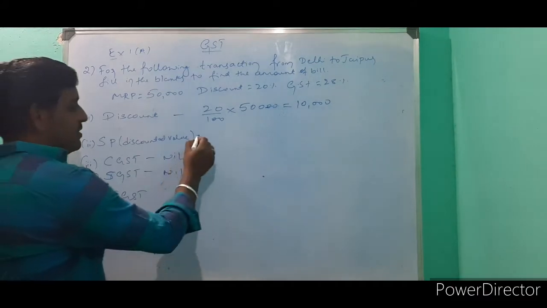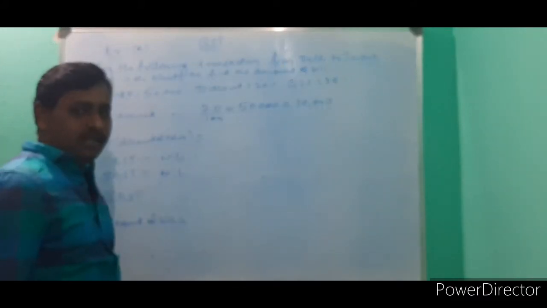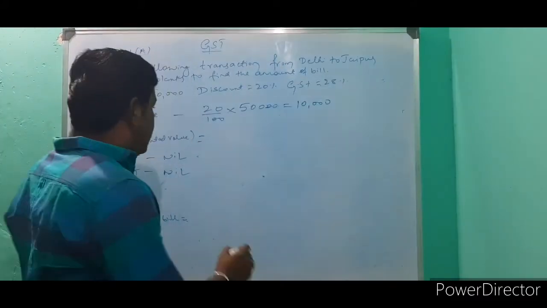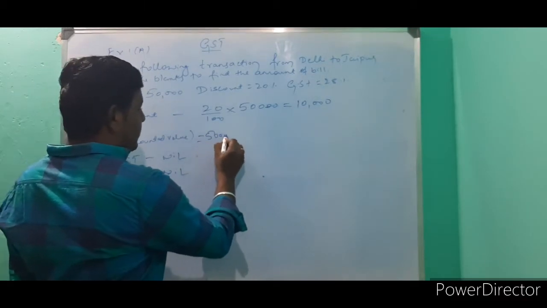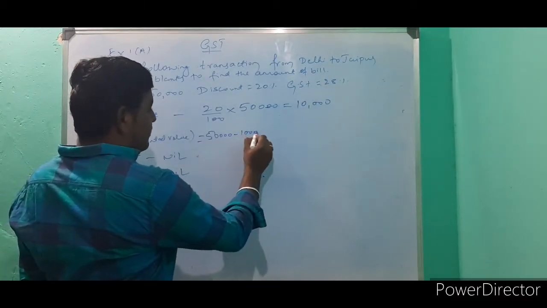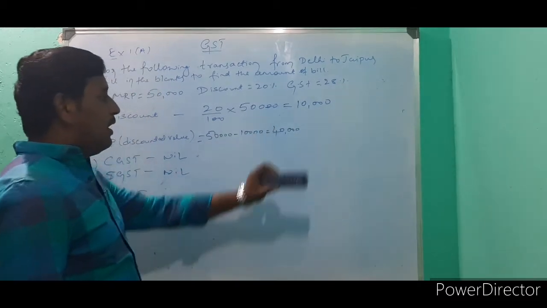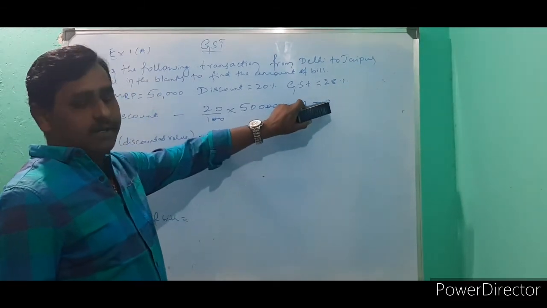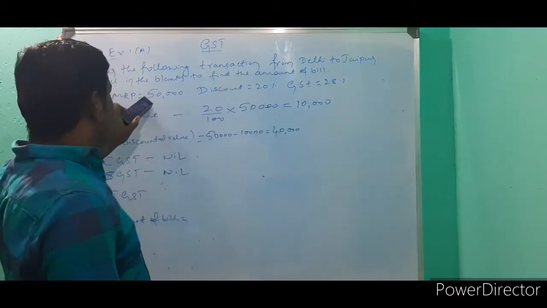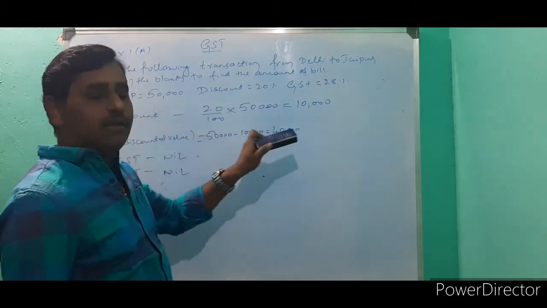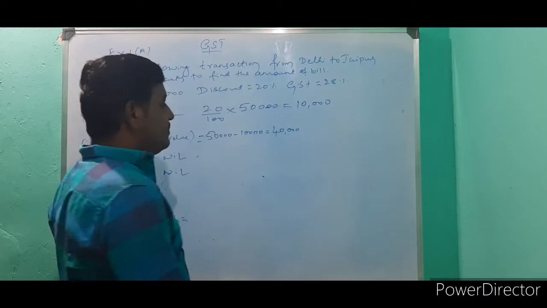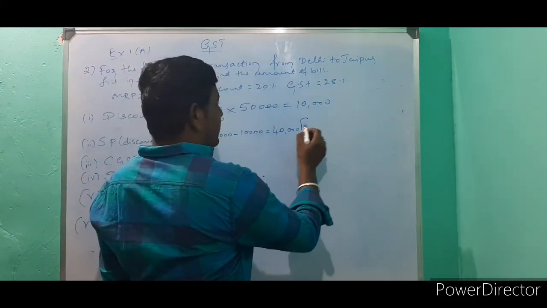So that means selling price, you can find by two methods as I showed in the first problem. You can subtract 50,000 minus 10,000, you will get 40,000. That is selling price. After the customer gets a discount of 10,000 on MRP, the selling price of the dealer is 40,000. Or you can use another method.